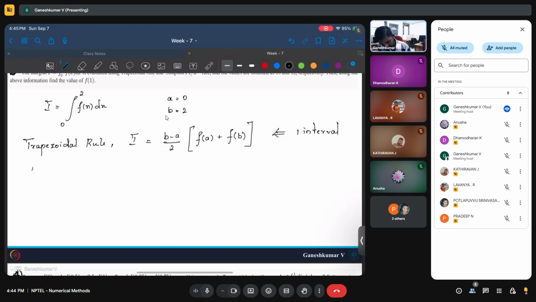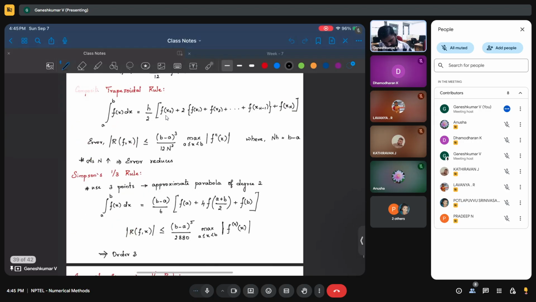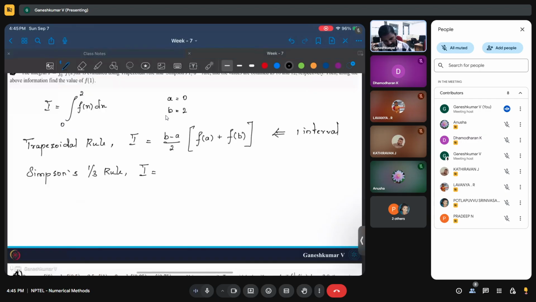Okay, and similarly Simpson's 1 by 3 rule. Simpson's 1 by 3 rule cannot be done with one interval. It has to be done with two intervals. So for that, what you have is b minus a by 6, or h by 3. You can also do h by 3, but here I'm just going to go with b minus a by 6.